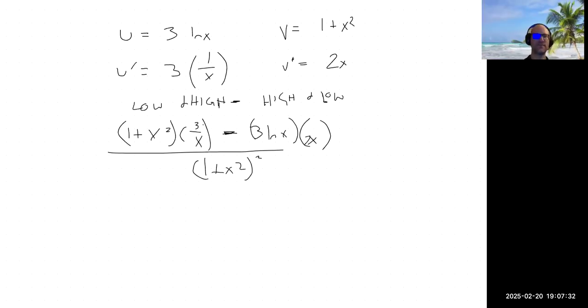You could do that. Yeah. Okay. So let's take this and we'll put it over one. That gives me 3 plus 3x squared over x, right?